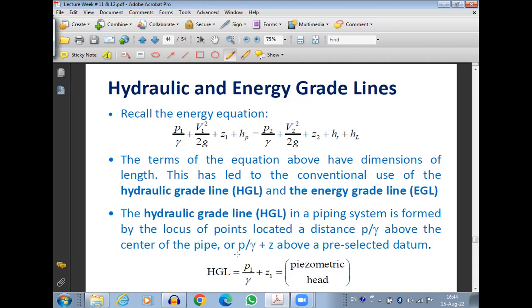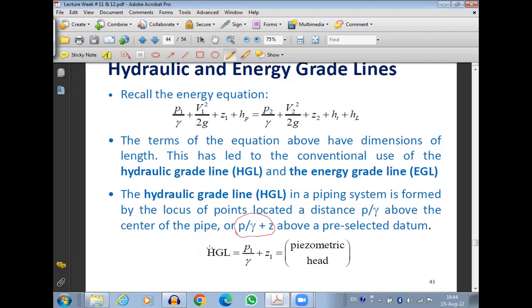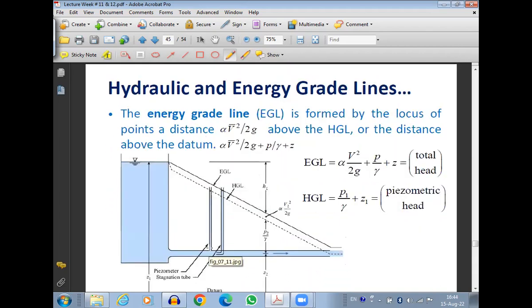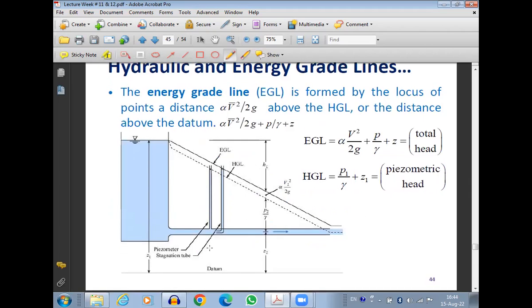So what is the hydraulic grade line? It is the piezometric head above a specific datum. So you have a specific datum or reference point. Suppose this is the datum. Corresponding to that datum, how the piezometric head changes throughout the fluid flow system is basically the hydraulic grade line.